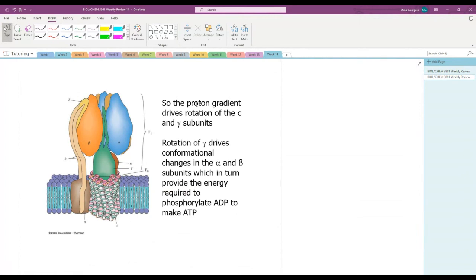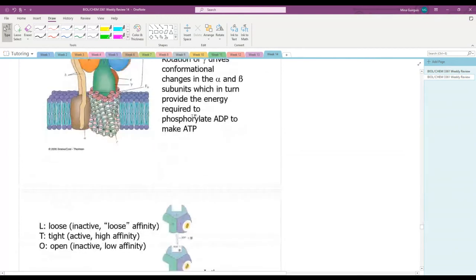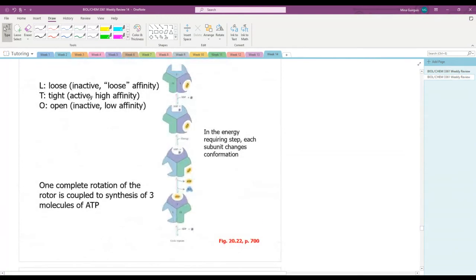One of them is losing its charge, the other one's gaining a charge, and that moves the C, the rotor, if you will, parts of the subunit. And then that moves the gamma subunit. And the rotation of the gamma subunit drives the conformational changes in the alpha and beta subunits, which provide the energy. So this is kind of similar to the MWC model. It reminds me personally of the MWC.